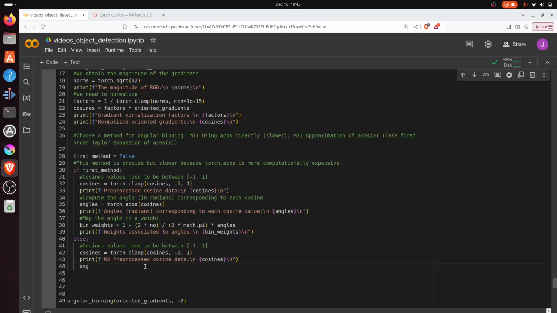We need to define a new angles variable. As the approximation is embedded in the square root, let's just call it angles square root 2.